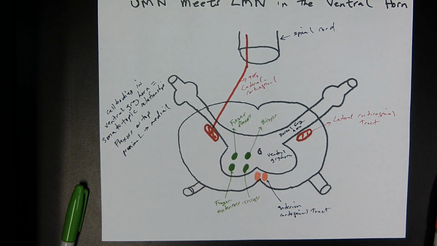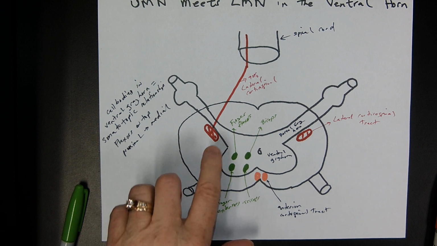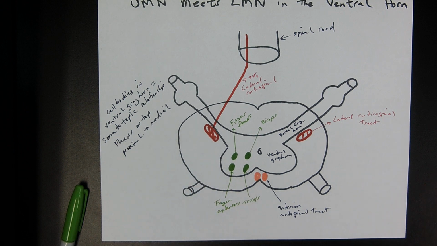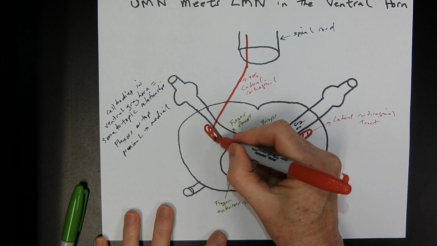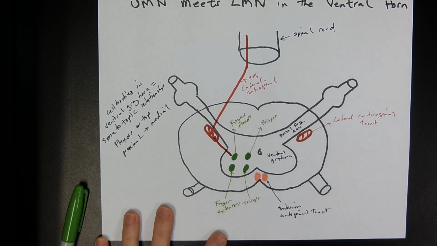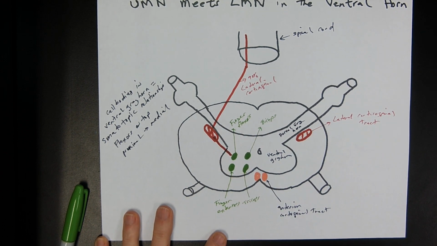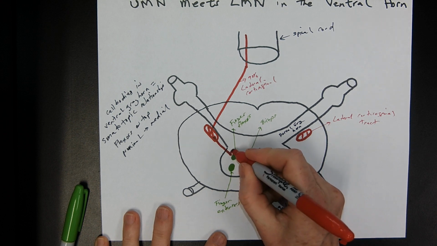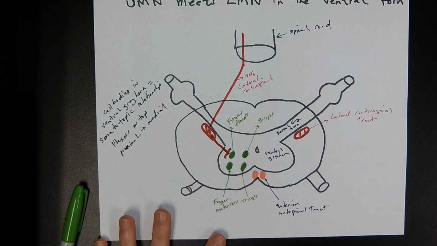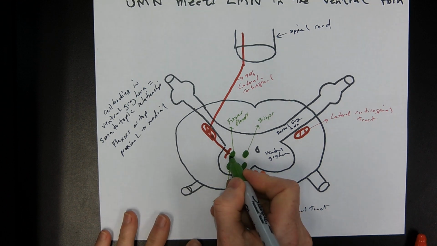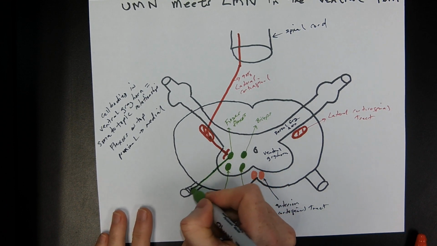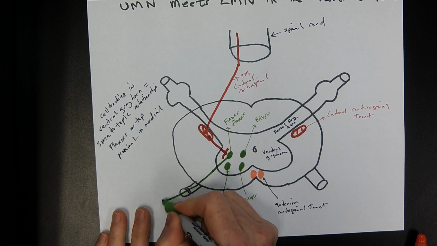Okay? And let's just say that these axons are going to be specific for finger flexors. Okay? So they're going to come out of the lateral corticospinal tract, come over to the finger flexor lower motor neuron cell body. Okay? They're going to synapse there and then send out an axon, and their axons are coming out here through the ventral root.